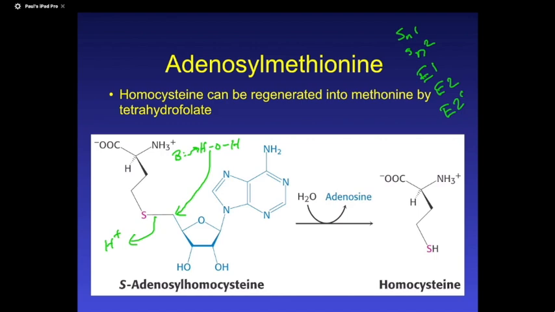Which kind of reaction is this one? SN2. The one thing that you do not see, which would be really indicative of an SN2, is inversion of stereochemistry, but there's no stereochemistry, so we can't see it.